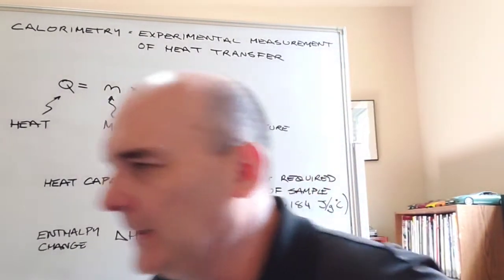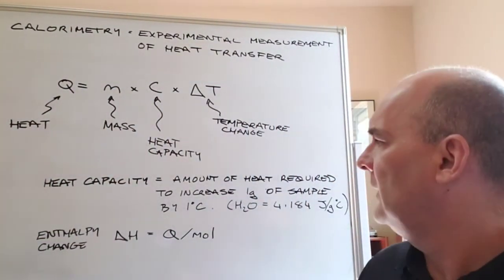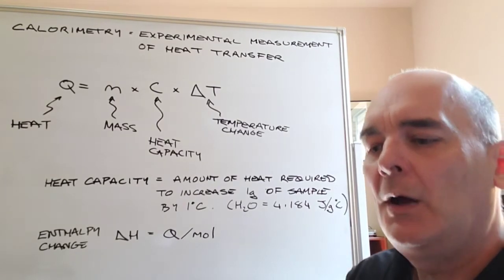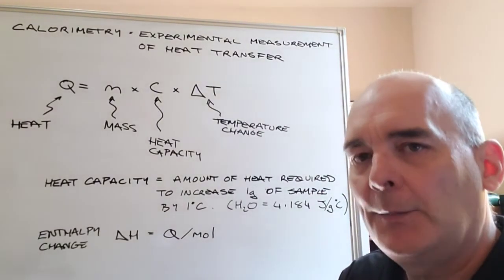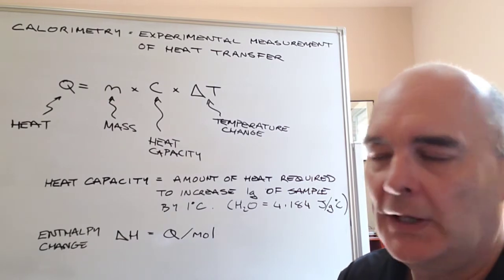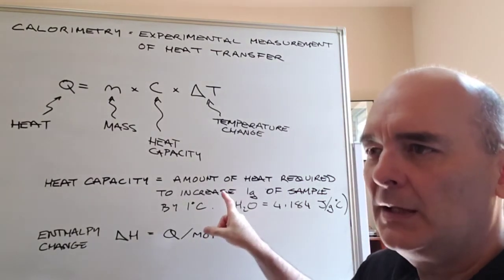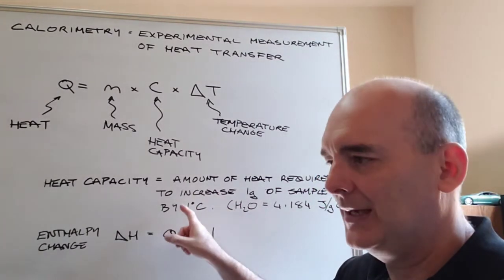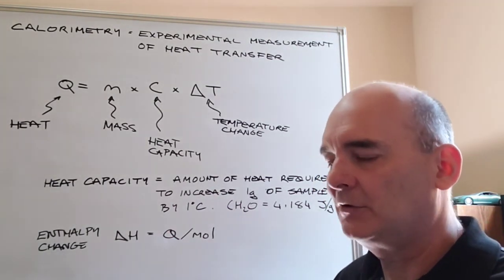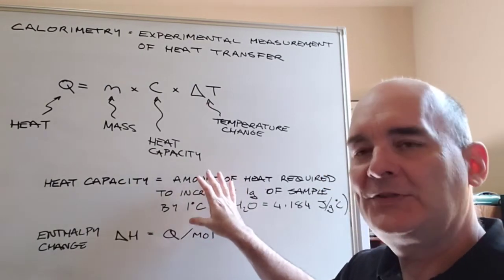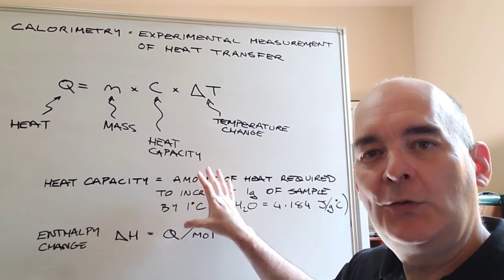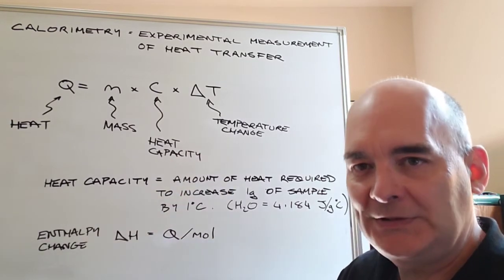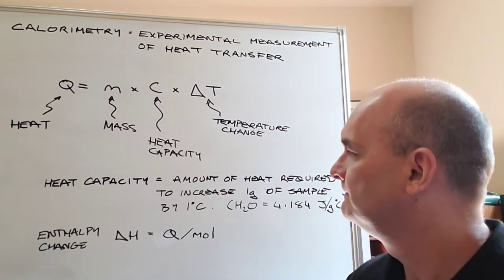Now, heat capacity is the amount of heat required to increase 1 gram of the material that we're looking at by 1 degree Celsius or 1 Kelvin, which means that if I change the substance, if I change this from copper to lead, I've changed the nature of my material. So heat capacity is specific to the material that you're looking at, which is why it's often called specific heat capacity.